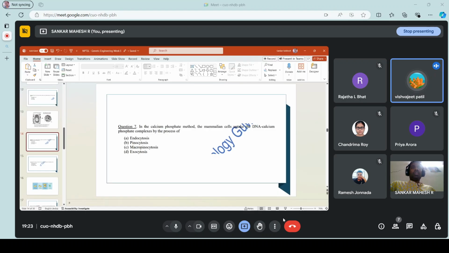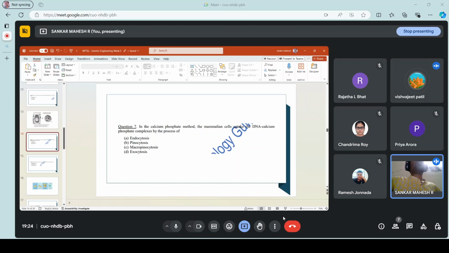What, sir? In both these cases, endocytosis and pinocytosis, you have vesicles that are being formed. Yes. But in pinocytosis, like it was mentioned by Rajata, the particle has to be solubilized very well, like small solutes.